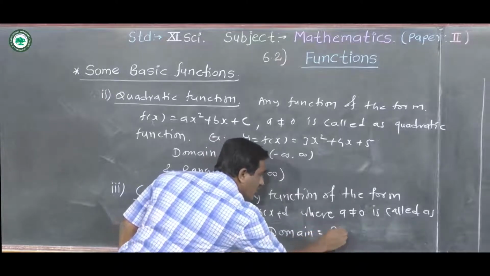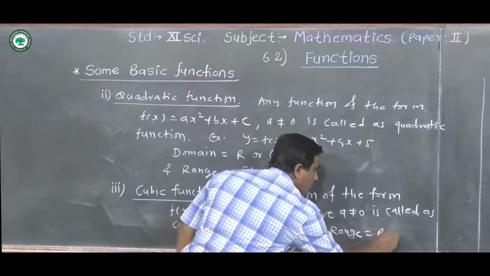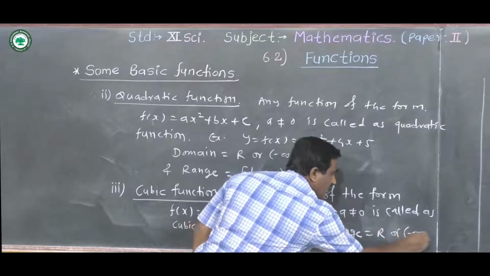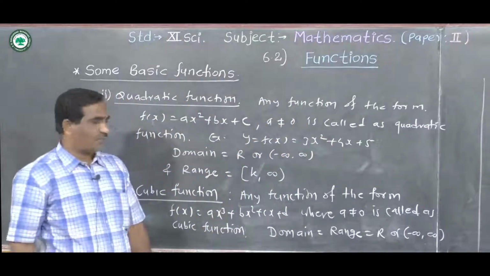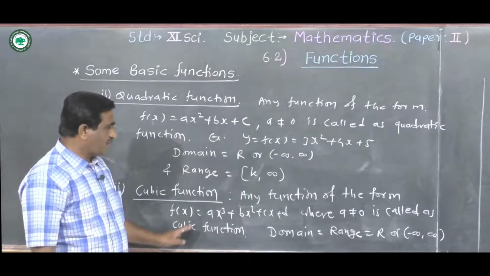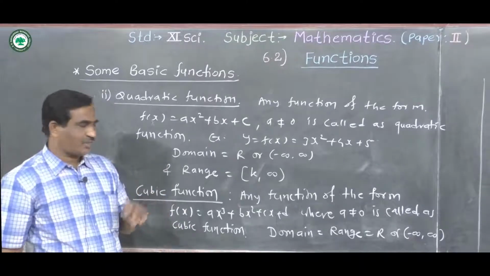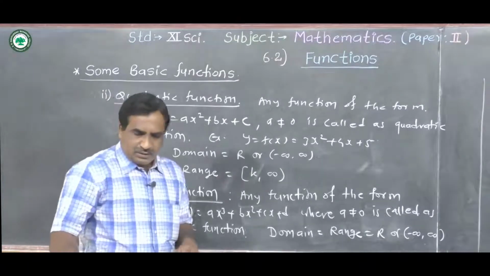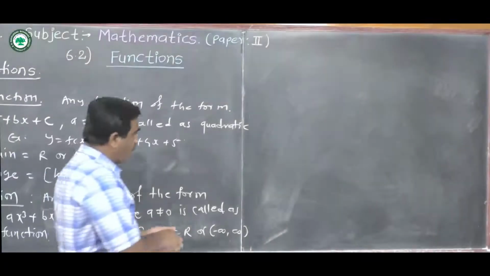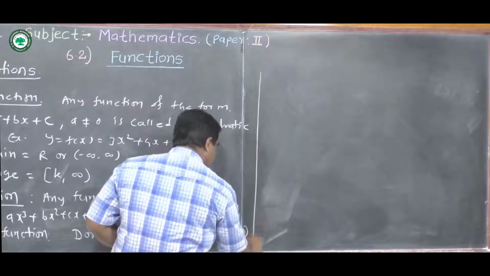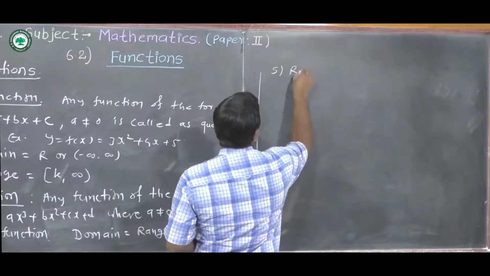Domain is equal to range is equal to R. Okay, this is the domain and range for the cubic function. Now next is radical function, number 5, basic function, radical function.